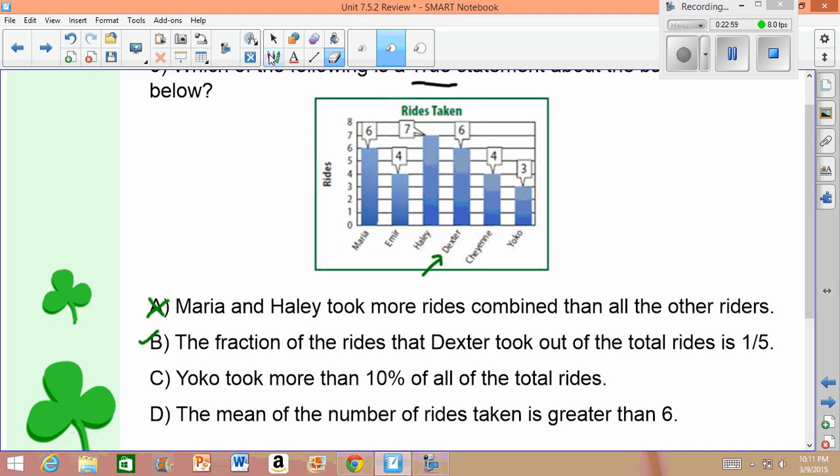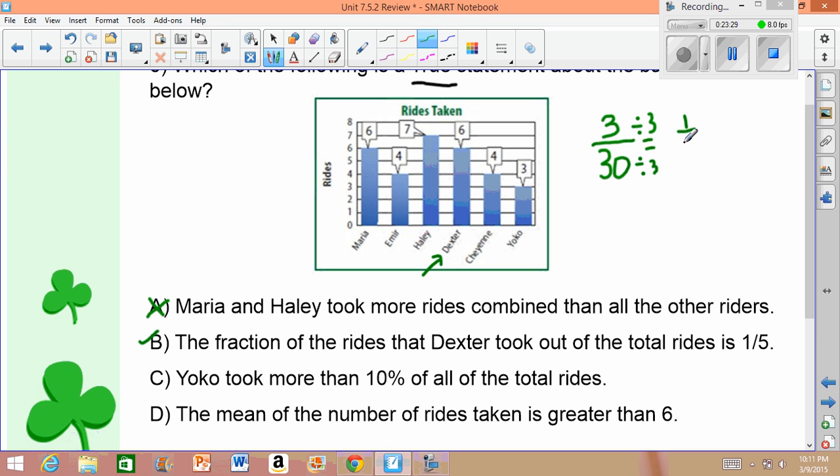So when I check statement C, it says that Yoko took more than 10% of all of the total rides. So we know that our total rides was 30. And Yoko's represents 3 out of 30. So I'm going to simplify that by dividing the top and bottom by 3. So we'll divide by 3 here because 3 goes into each one. Divide by 3 there.